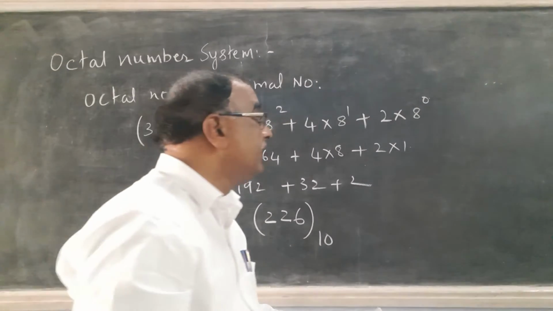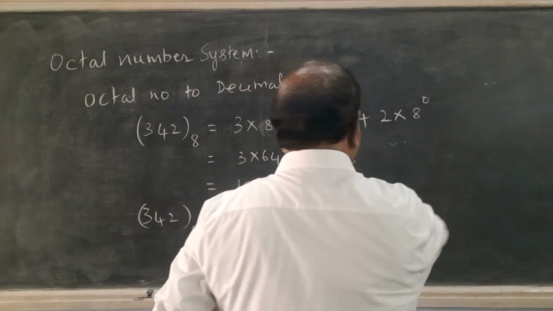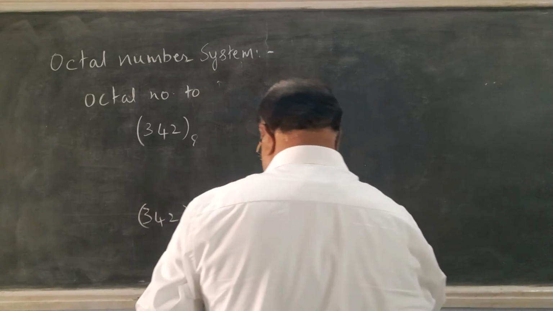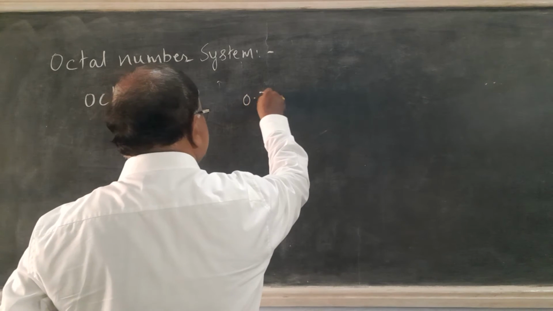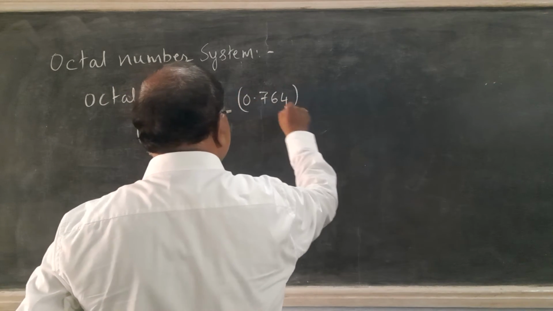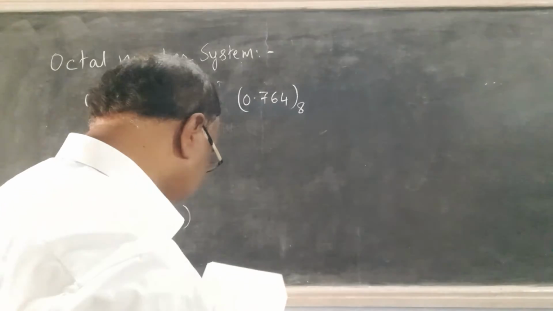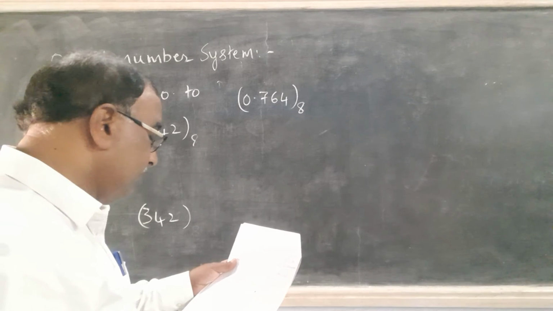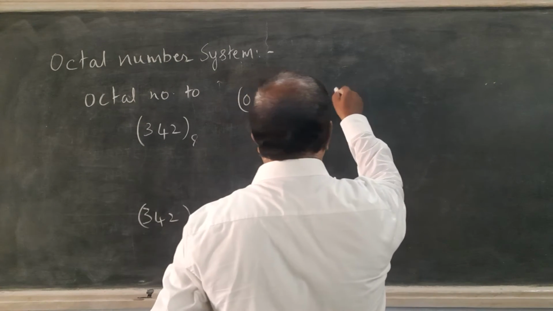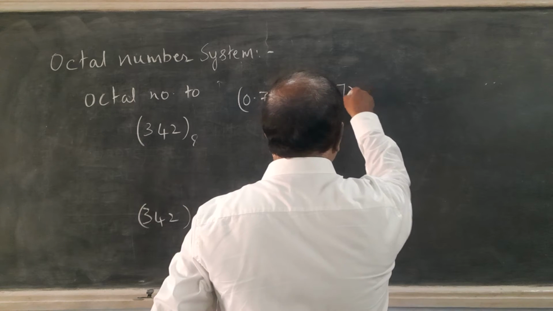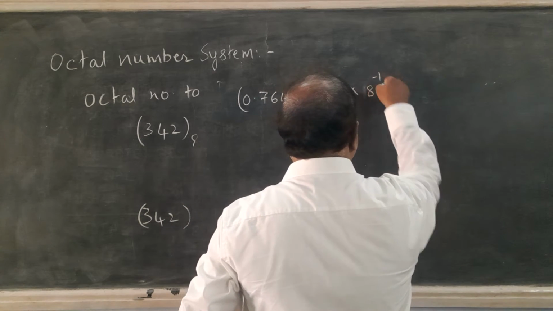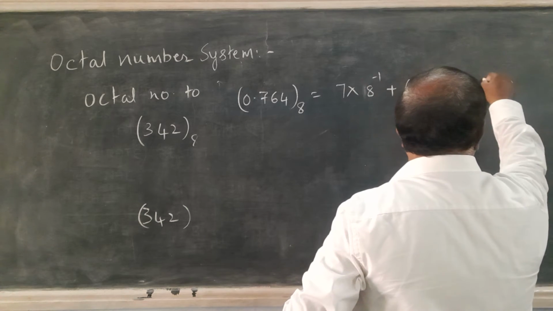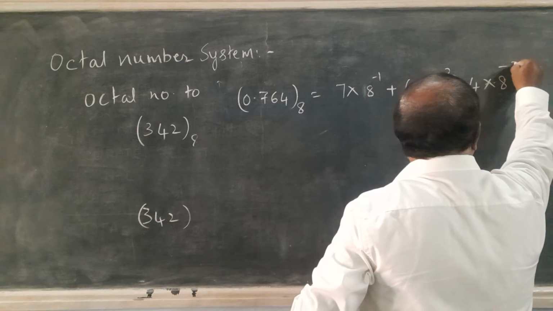Similarly, let me consider one example of a fraction. How will you convert that? For example, consider 0.764 given in the octal number system. What is its equivalent value in the decimal number system? We do the same thing. 7 into 8 to the power minus 1 plus 6 into 8 to the power minus 2 plus 4 into 8 to the power minus 3.